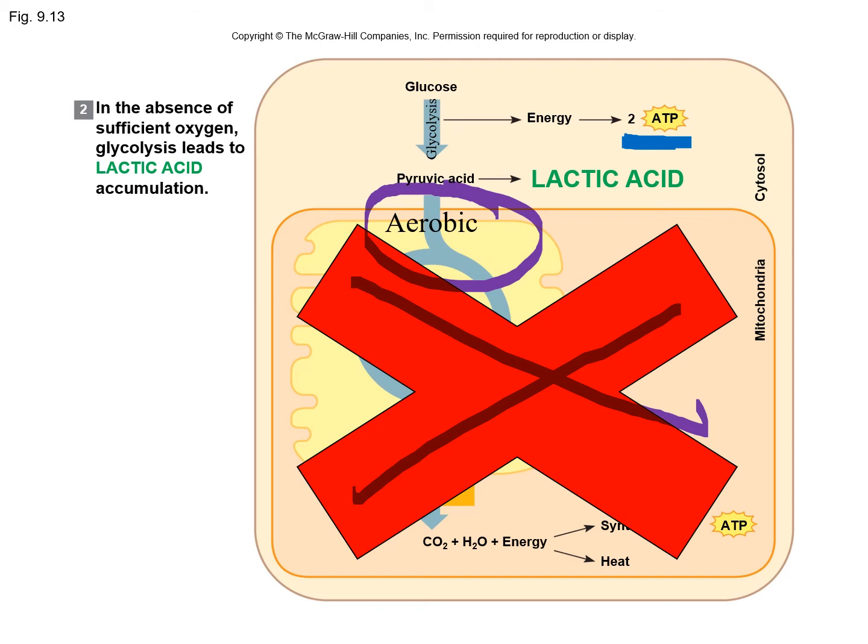Note also that the pyruvic acid that ordinarily would go into the production of a bunch of different byproducts in the citric acid cycle can't do that because there's no oxygen. And so that pyruvic acid ends up getting transformed, or changed, into something called lactic acid, and that can build up in muscle and cause cramps, and I think we've all experienced that at some point in our lives probably.